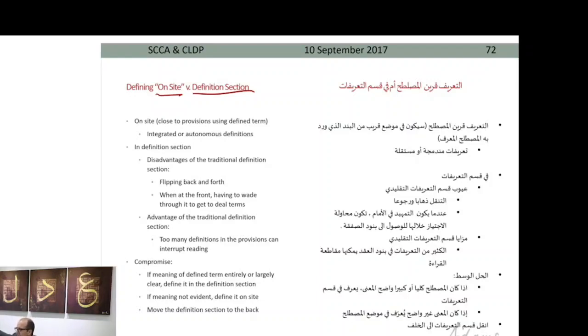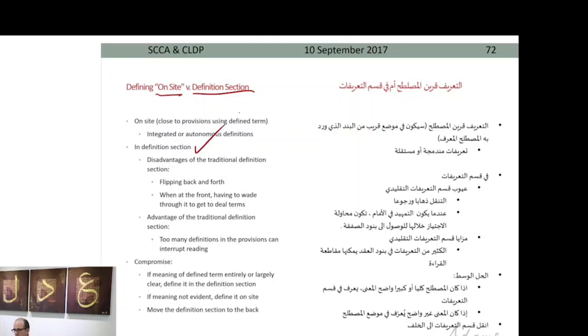You can have a section 3A that deals with some financial mechanism. Then 3B says, in this agreement, the following definitions apply, and you have 4 autonomous definitions that are used in 3A. You define them in 3B, so the reader can read 3A and then just look down to 3B and see the autonomous definitions of those defined terms. That's on-site as well. The alternative is a definition section.